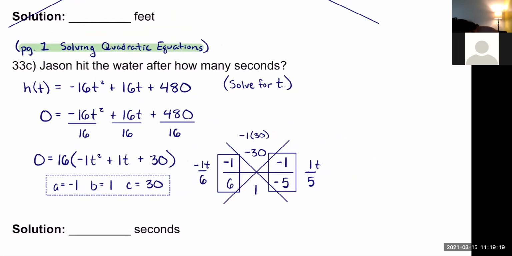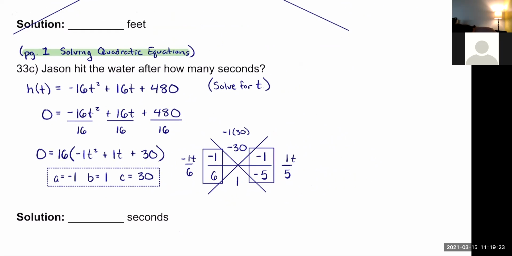And I'm going to have to jump over here to the right a little bit and rewrite my equation, which is going to be 0 equals the greatest common factor 16 times the binomials negative 1t plus 6 and 1t plus 5.